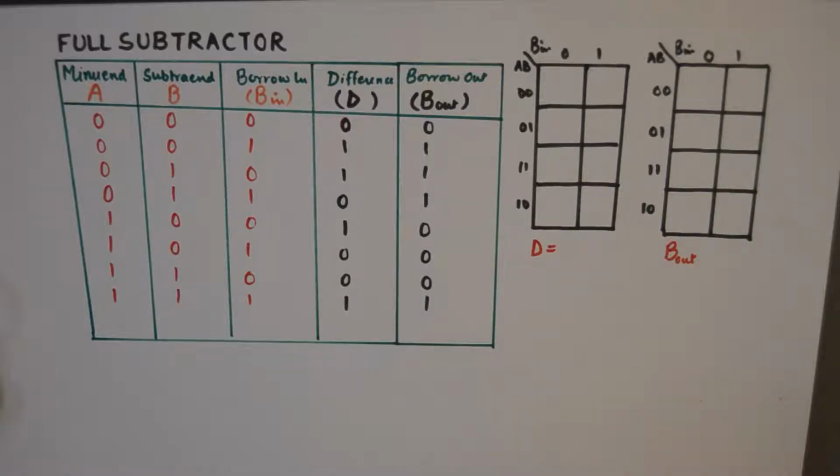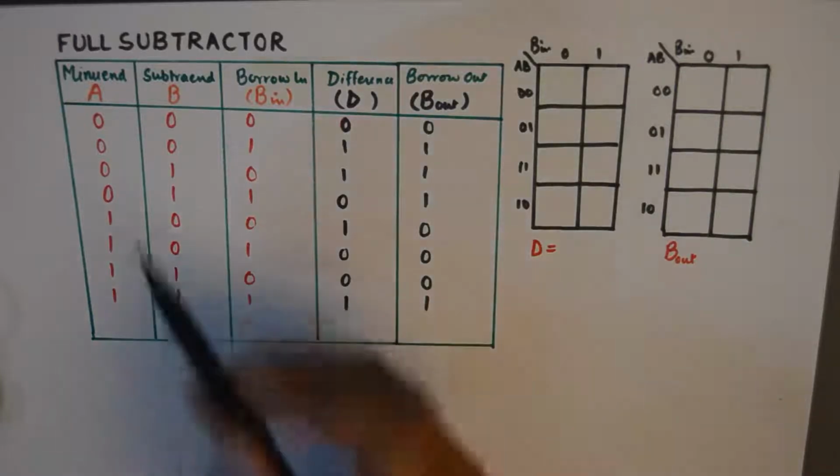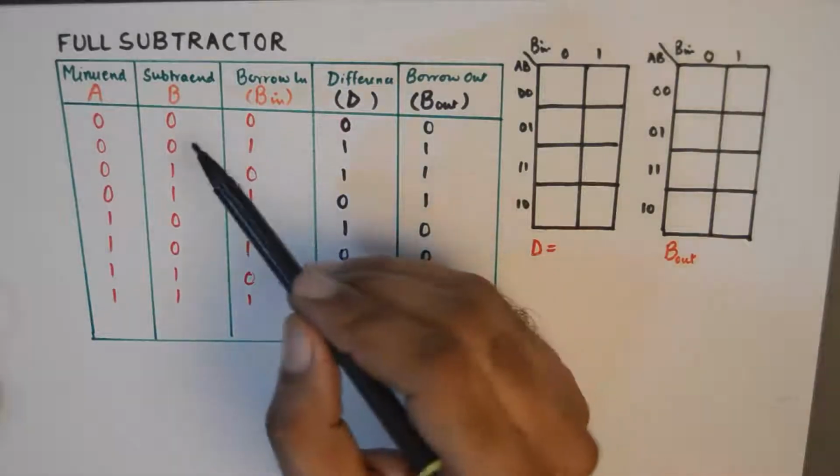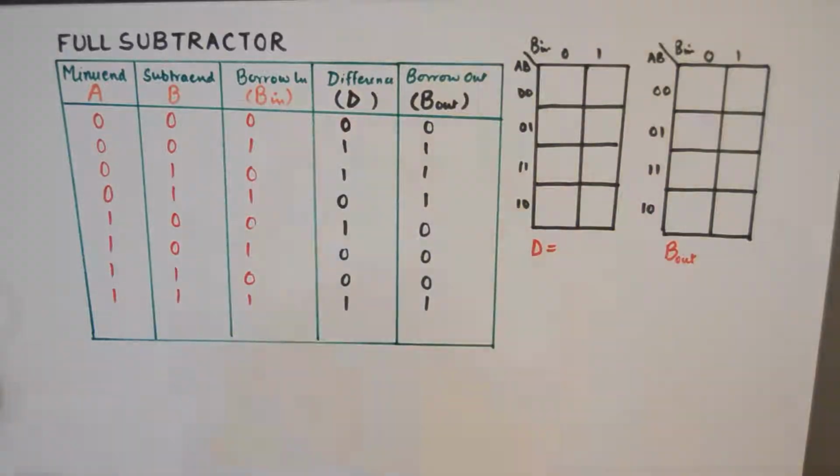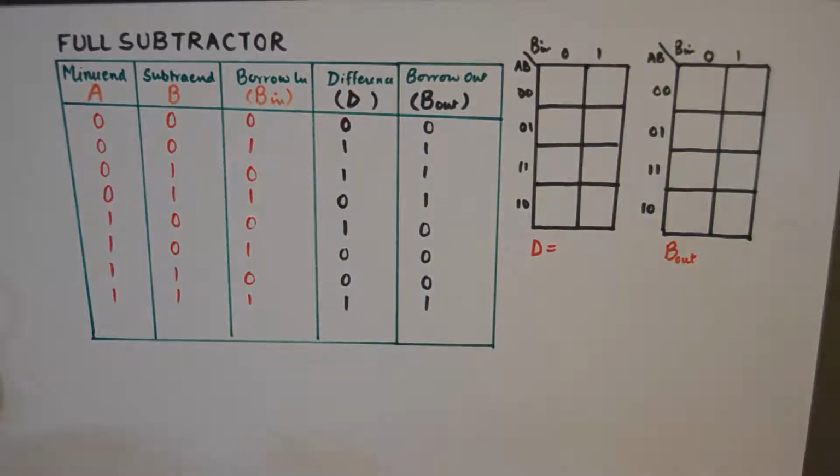So we have 2 bits A and B which need to be subtracted, and the borrow in is the borrow from the adjacent position. We need to account for it because we are subtracting bits in a bigger number, for example in a nibble or a byte.